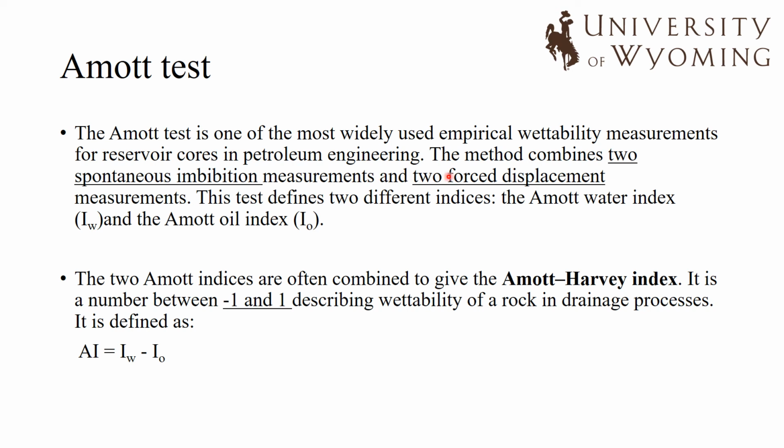As we said, it includes four displacement processes. Two of them are spontaneous imbibition, and two are forced displacements. Then we can get the water index and oil index from these four processes. And the Amott-Harvey index will be the water index minus the oil index, and it ranges between -1 and 1.